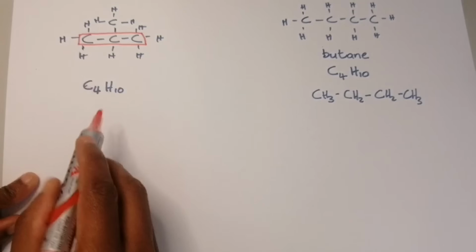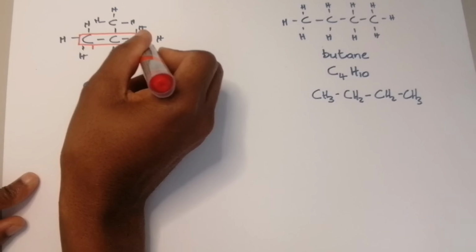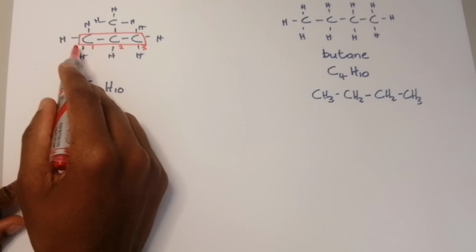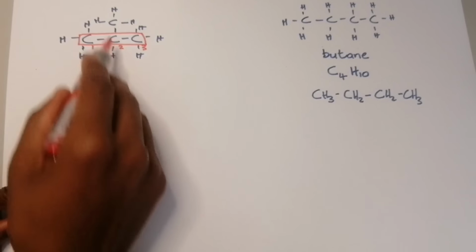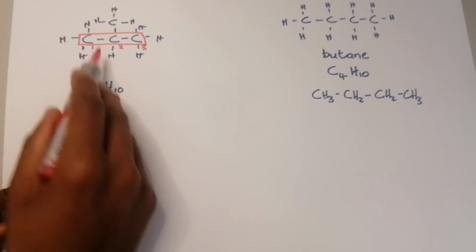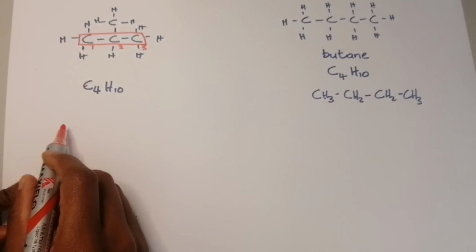Now I need to introduce numbers to my parent chain. So that's going to be 1, 2, and 3. I numbered from left to right. It didn't matter even if I numbered right to left in this case, because it's the central carbon atom that has something special to it.